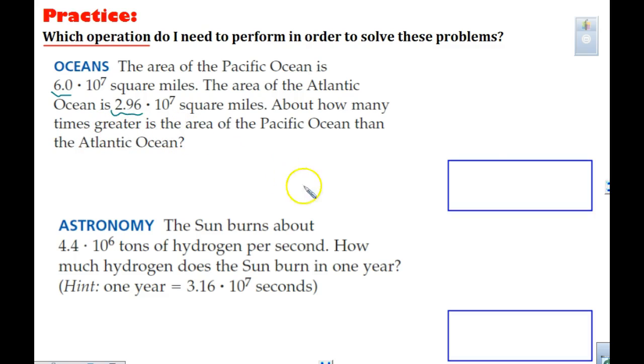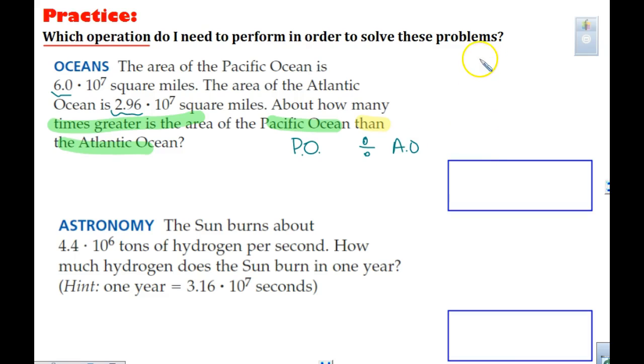If you're ever trying to find times greater, how many times greater is Pacific than Atlantic? This is really trying to tell you to do division. You're going to take the Pacific Ocean and divide it by the Atlantic Ocean.